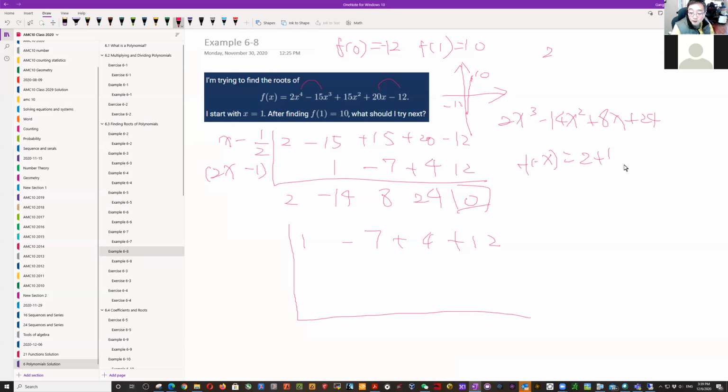This is going to be plus 15 and plus 15, minus 20 and minus 12. And so we actually have 1 sign change. So there's 1 negative solution.